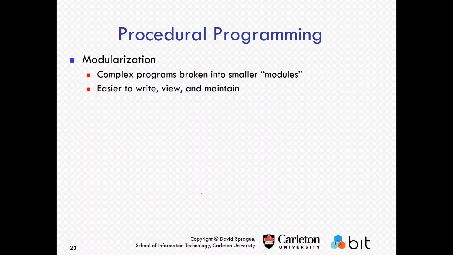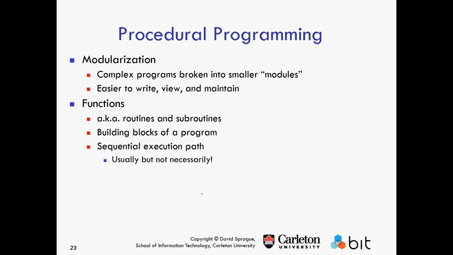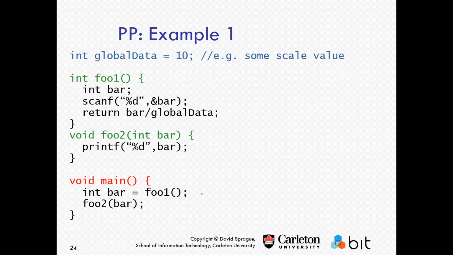Great. But there's no higher level structure either. So we have functions, we can build subroutines, they become the building blocks. There's just a sequential execution path, so top to bottom of your file, but there's nothing saying where anything has to be.